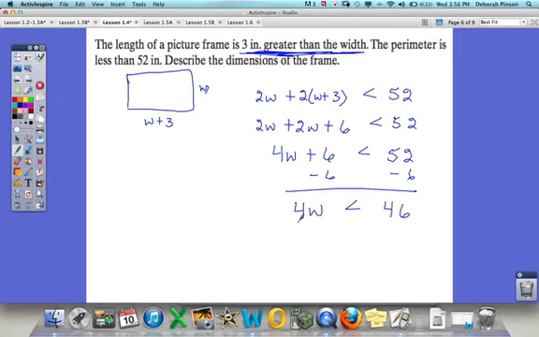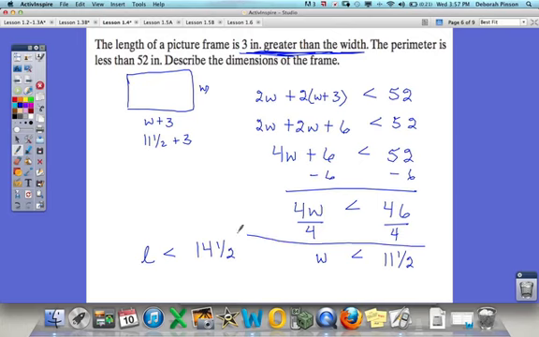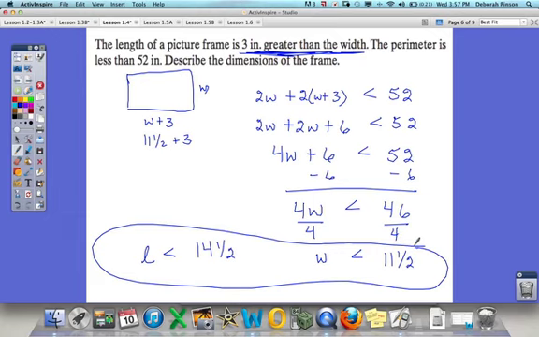So when I divide by my 4, W is less than 11 and a half. Okay, now if I add 3 onto my 11 and a half to get the length, it has to be less than 14 and a half. So here then are my 2 parts of my answer.